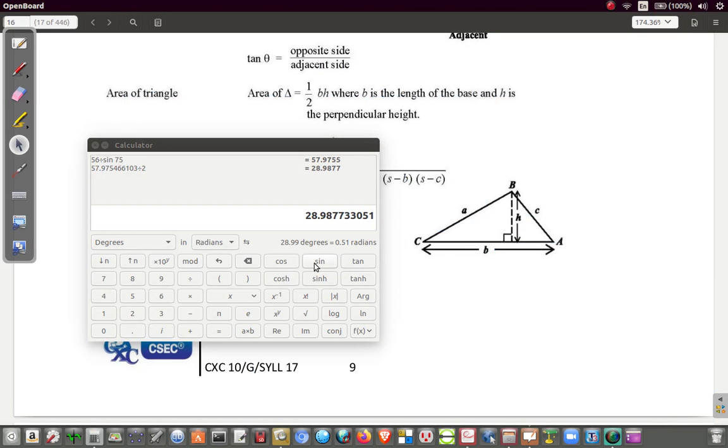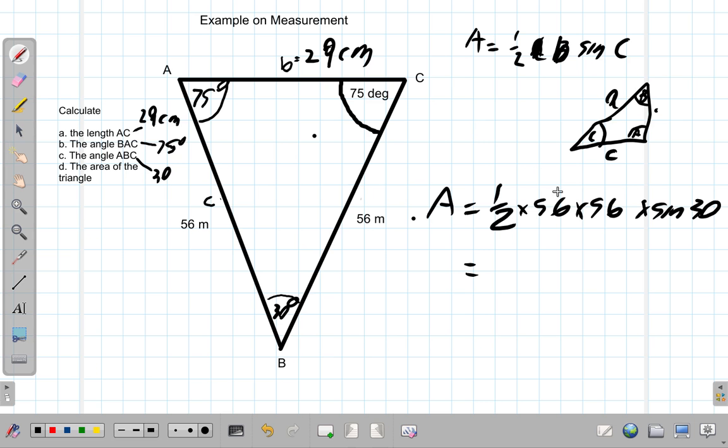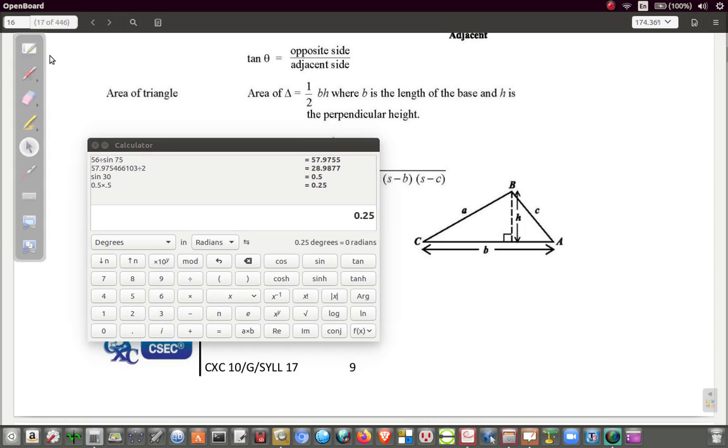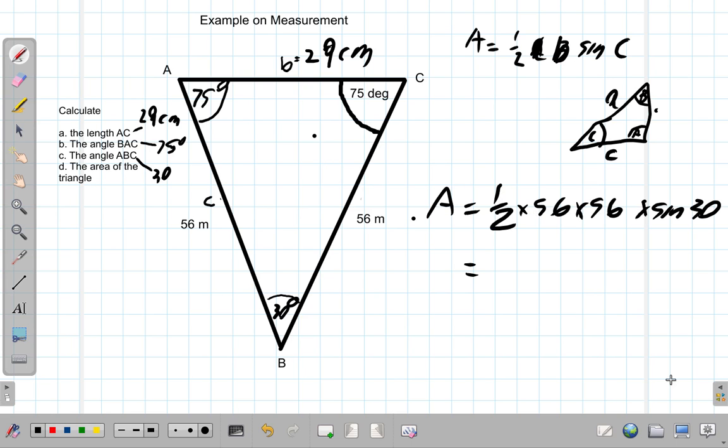So I said that sine 30 was equal, but I didn't clear the calculator. I said before sine 30 equals a half. So it's half times half, which will give you a quarter, 0.25, times 56 by 56.